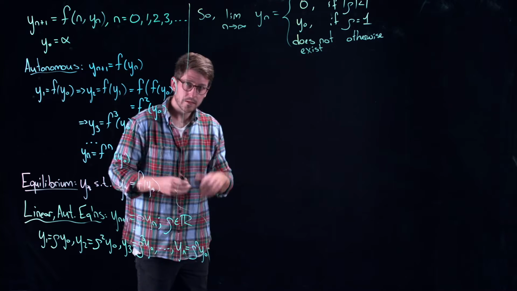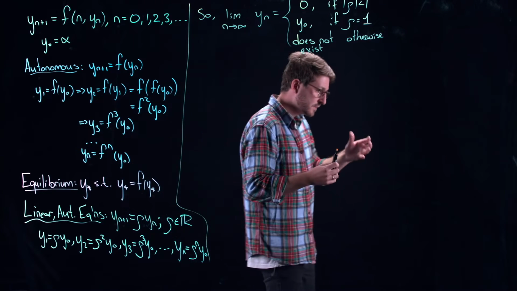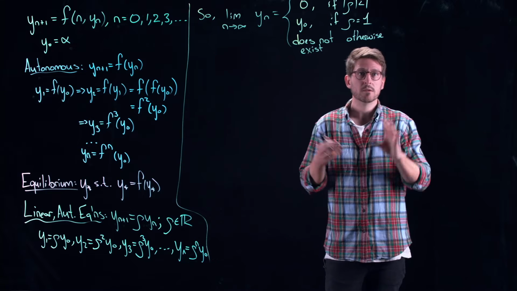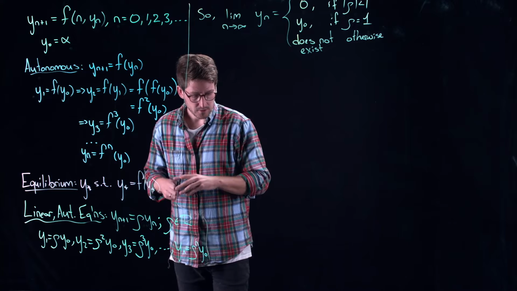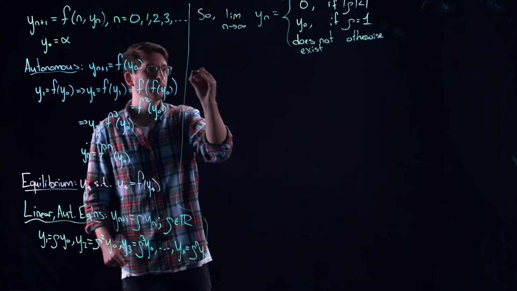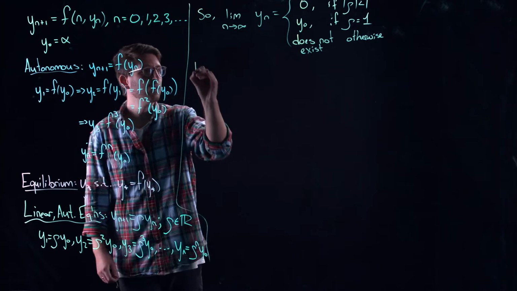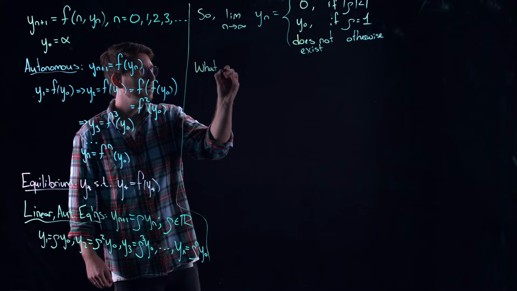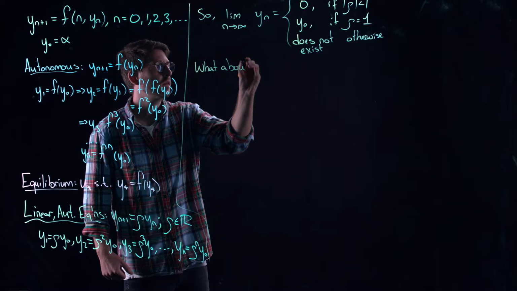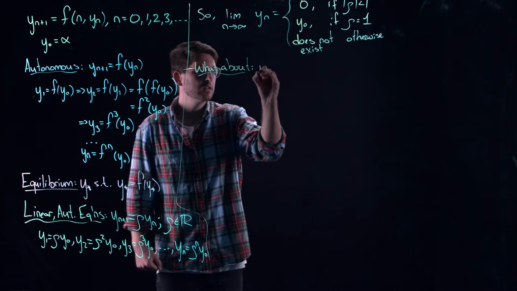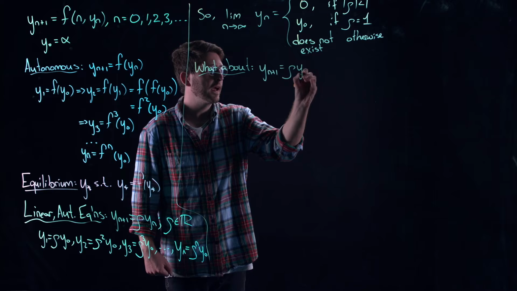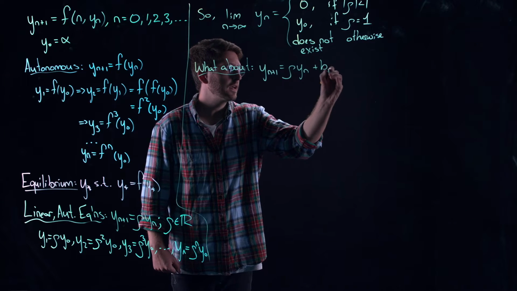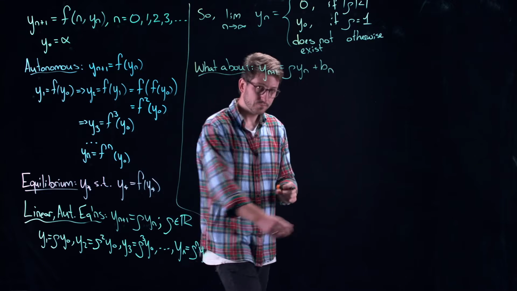Okay, let's keep walking through this. So the purpose of this is to build up a bit of an intuition. Let's look at, say, a non-autonomous equation. So let's say, what about, well, let's have a fun one. y_{n+1} is equal to, let's do rho y_n plus, let's say, some b_n.